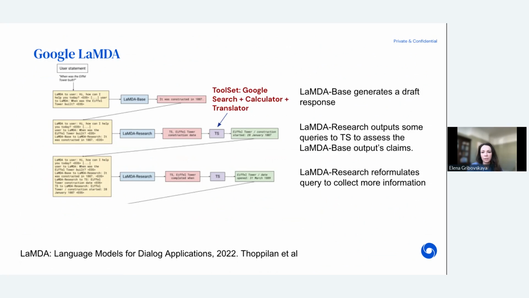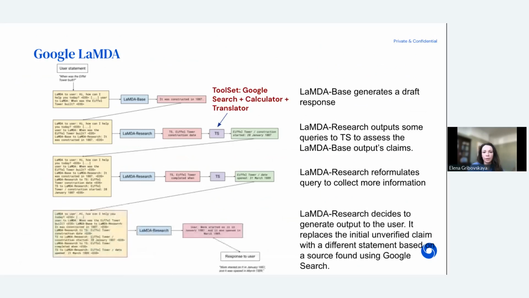If further information is needed, LaMDA research reformulates the query and collects more information. Finally, after several iterations, LaMDA research decides to generate output to the user once the information collected is sufficient. So it verifies the initial claim generated by LaMDA base, and replaces the unverified part with a different statement based on the source found using Google Search.